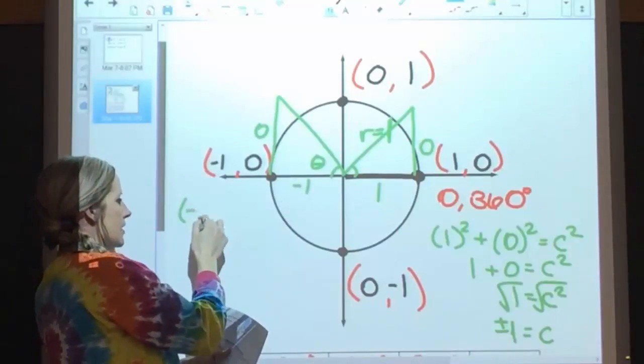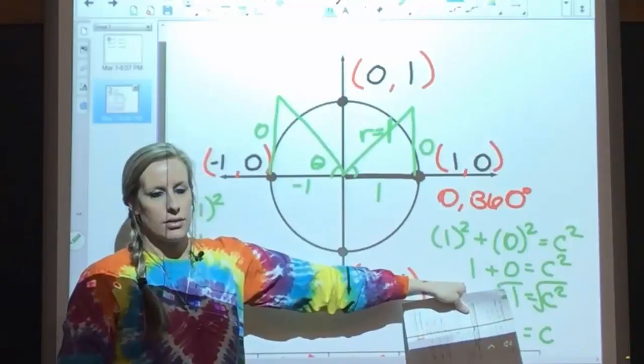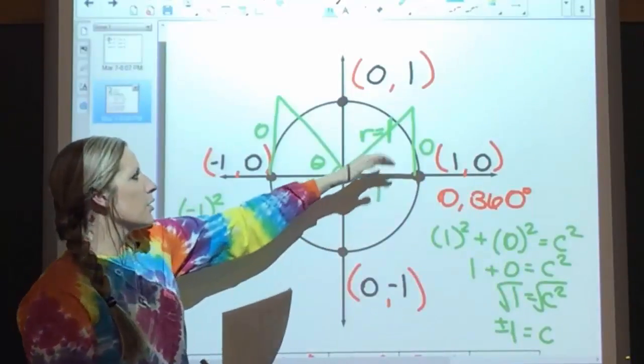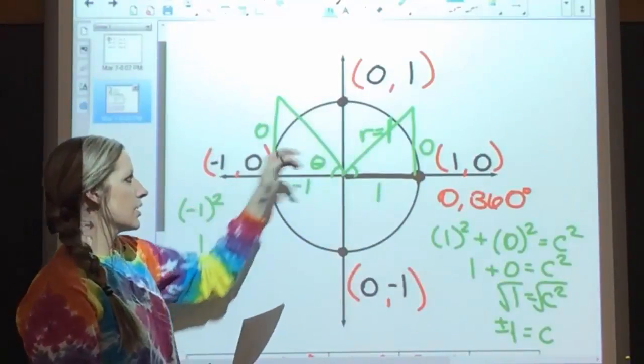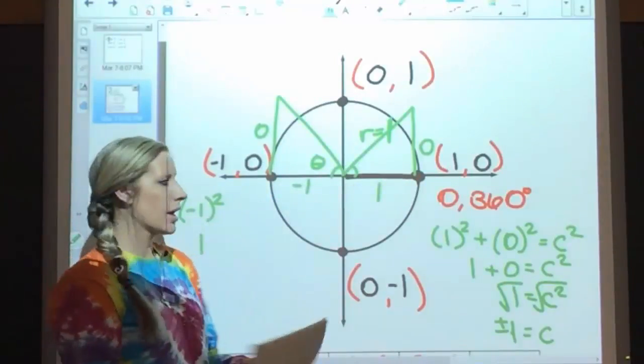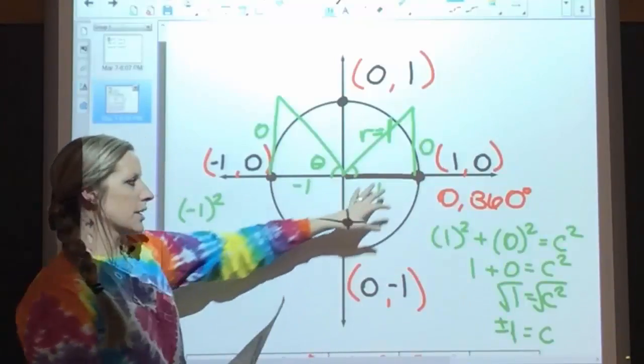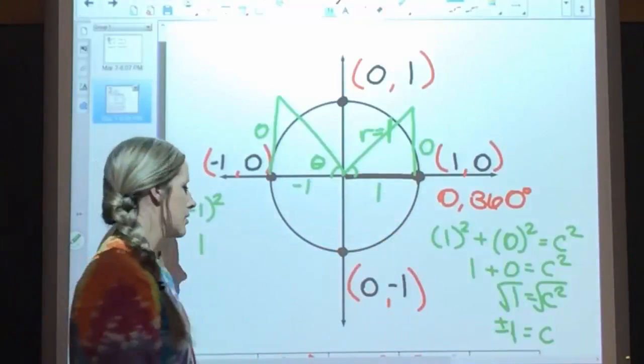If I square that side, I would still get a +1 like I got here. So no matter what point you're at, you're going to have a hypotenuse of +1 for a unit circle. Just something to remember. I just want to explain how we got that.